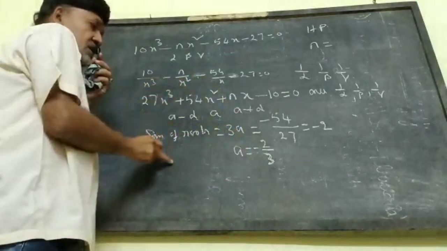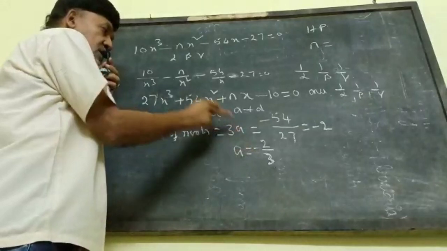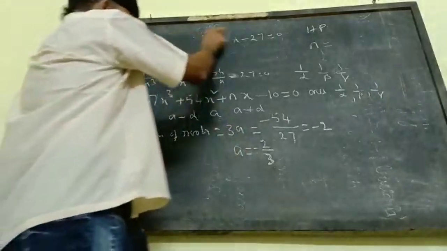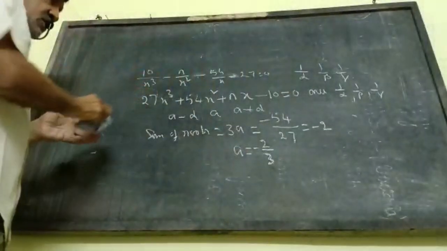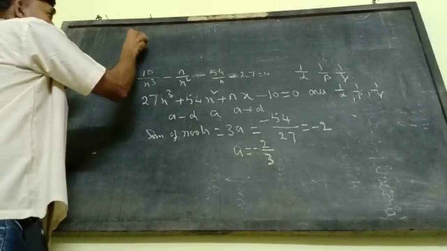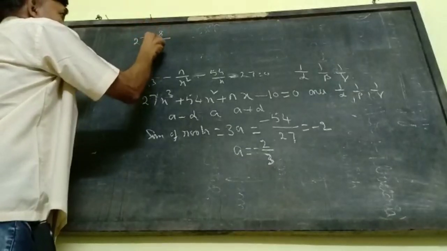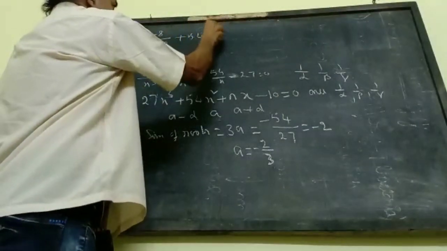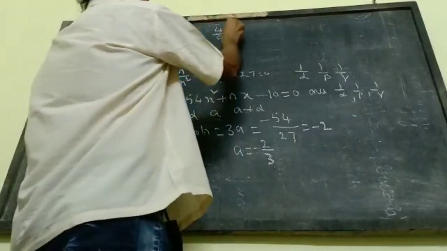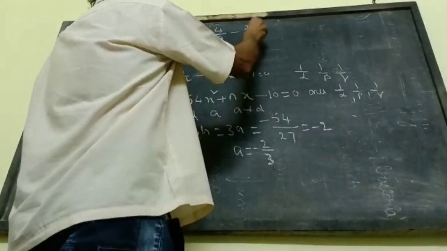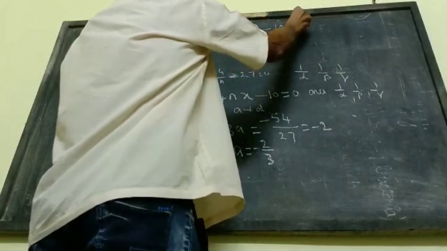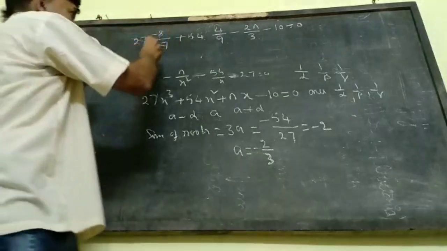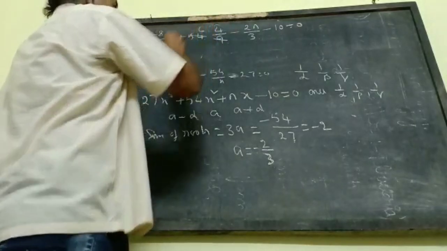A value, you got it. Since A is a root of this equation, it has to satisfy this equation. So when you substitute A is equal to minus 2 by 3 in this, what will you get? 27 into minus 8 by 27 plus 54 into 4 by 9 minus 2n by 3 minus 10 is equal to 0. You will get like this. 27 will go. 9 sixes, right?